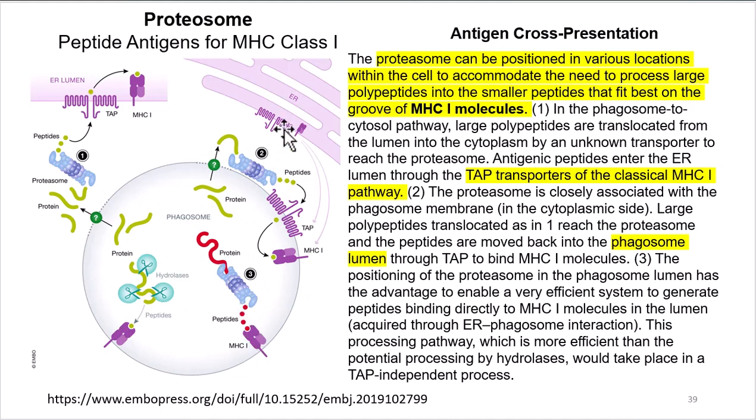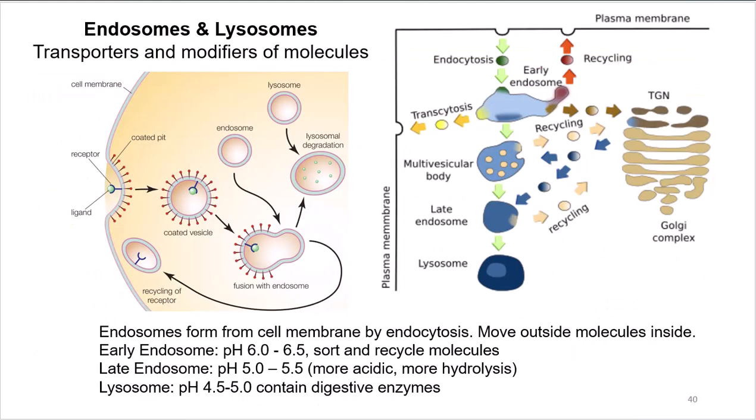And this could be another mechanism as opposed to just the peptide going into the lumen. The significance here is that if something can enter a phagosome, it's possible, because we're going to see that the MHC class 2 molecules could be in here, and that could lead to what we call crosstalk, cross-presentation. So let's move on and talk about endosomes and phagosomes.